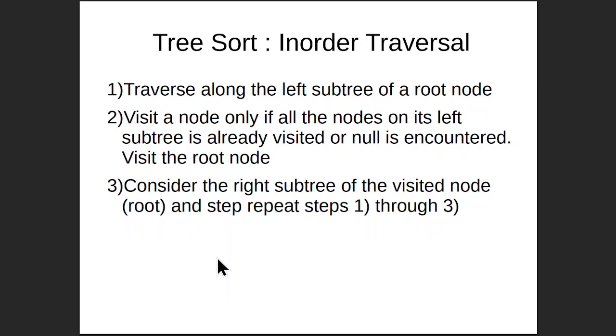Once we encounter a null, we visit that node, then we revert back to its parent, visit that node, and then visit the right child, or the right subtree.